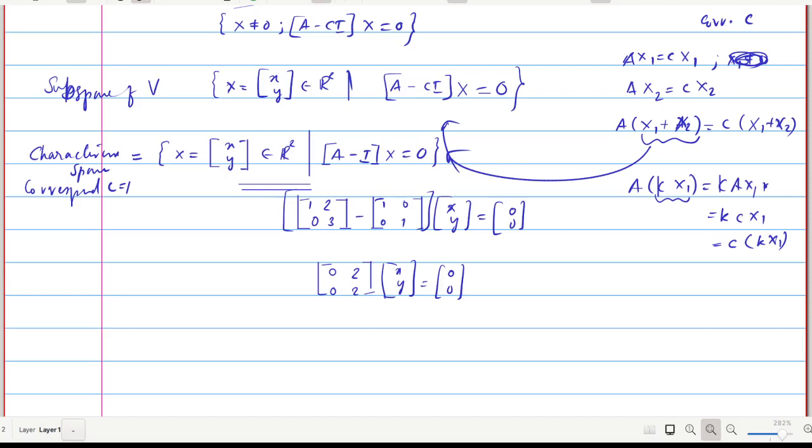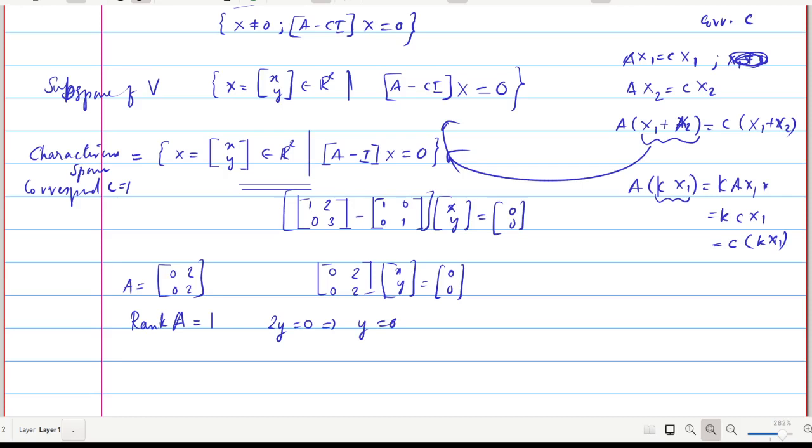First you write the rank of A. If A is [0, 2; 0, 2], then the rank of A is 1, because these two rows are the same. From this you get only one independent equation, say 2y equal to 0, so y is equal to 0. Consequently, whatever x is, we satisfy this equation.